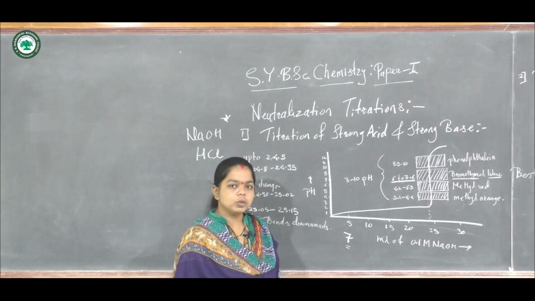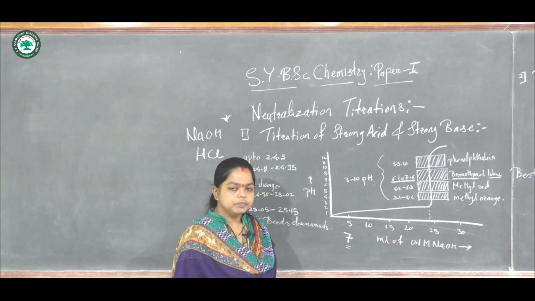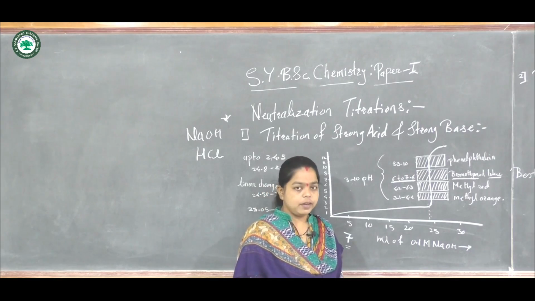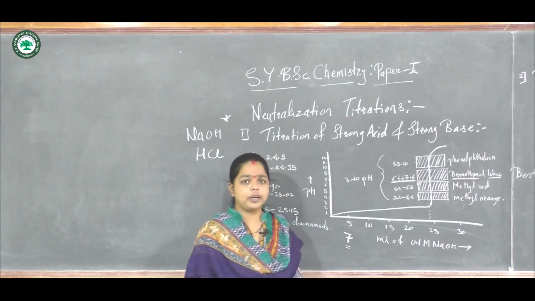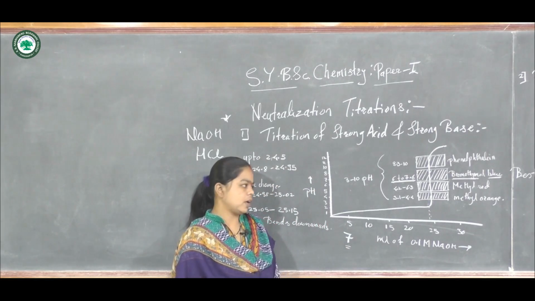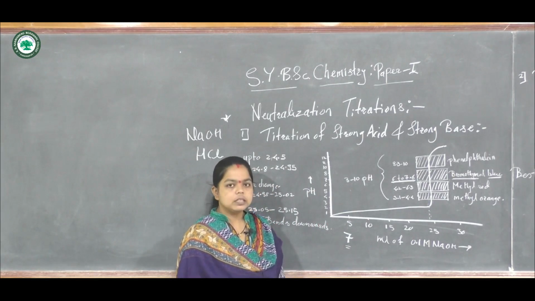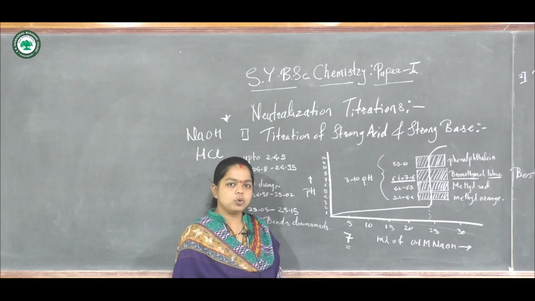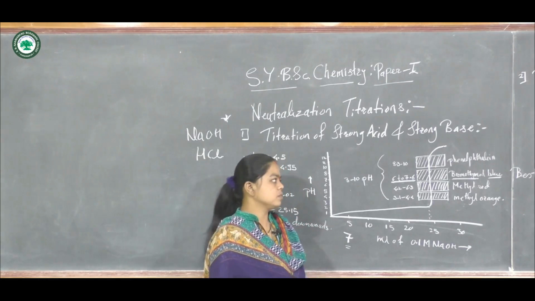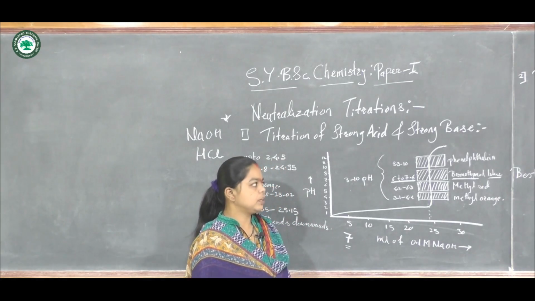From the millimoles of the corresponding acid, H plus ions and OH minus ions, we can calculate the H plus or OH minus ion concentration. Here the acid concentration is more up to the end point, so we can determine the H plus ion concentration for this type of graph.